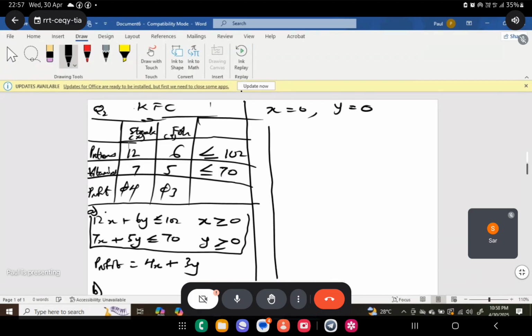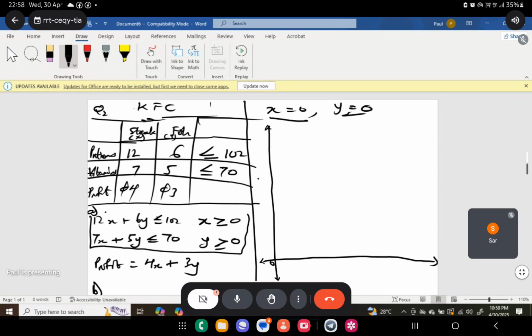So let me draft it. This graph is not drawn to scale. The day you guys will do your quanti, I would have to teach you how to use the graph. Now, you take the first point. First of all, you know x is equal to 0, y is equal to 0.